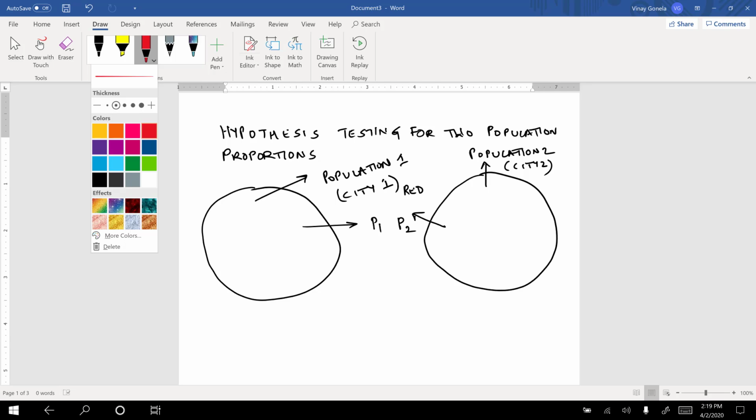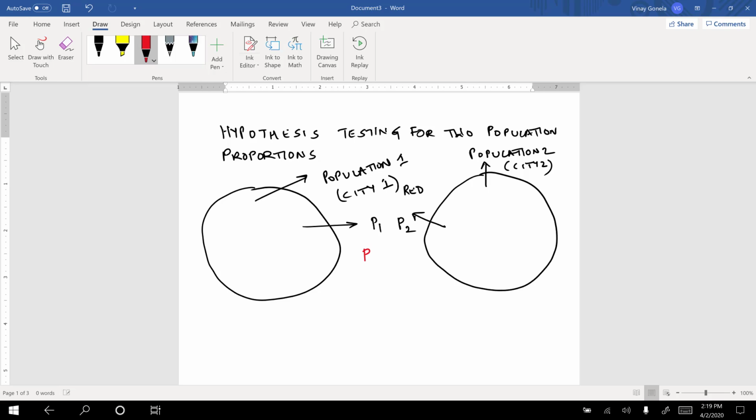One is the proportion of people in city 1 or population 1 should be equal to the proportion of people liking color red in city 2.